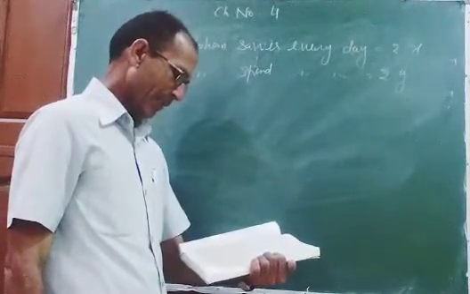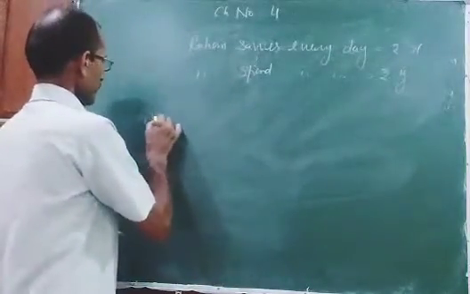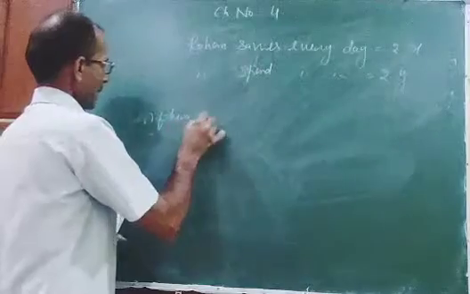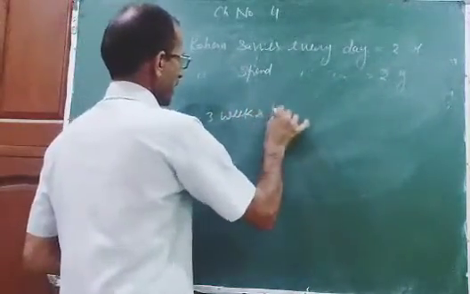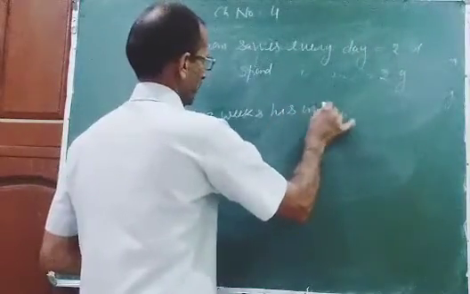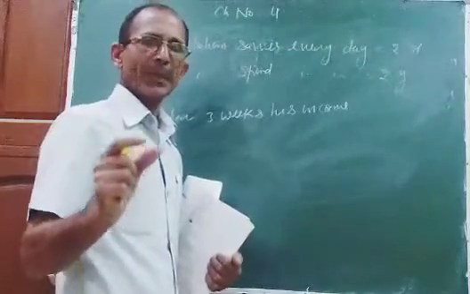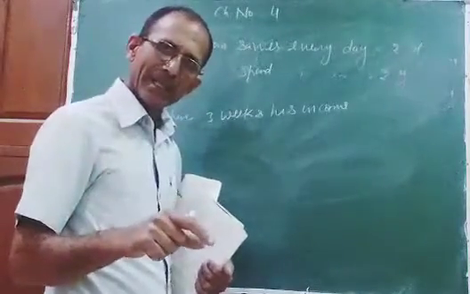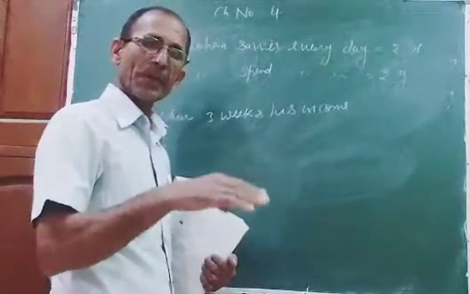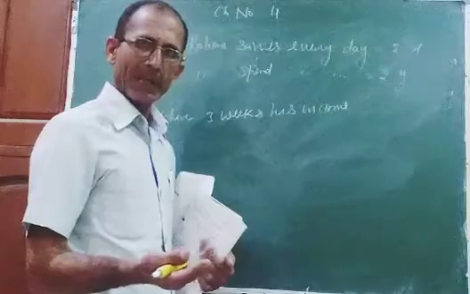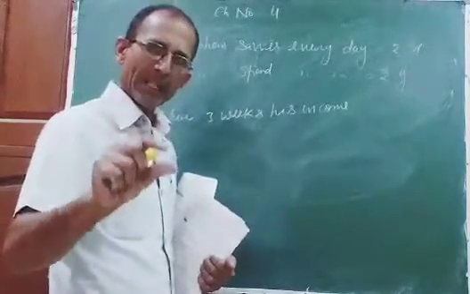What is his income after 3 weeks? His income will include saving and expenditure. It means both, because I will save from that and I will also spend. So if we add saving and expenditure, we will get the total income.